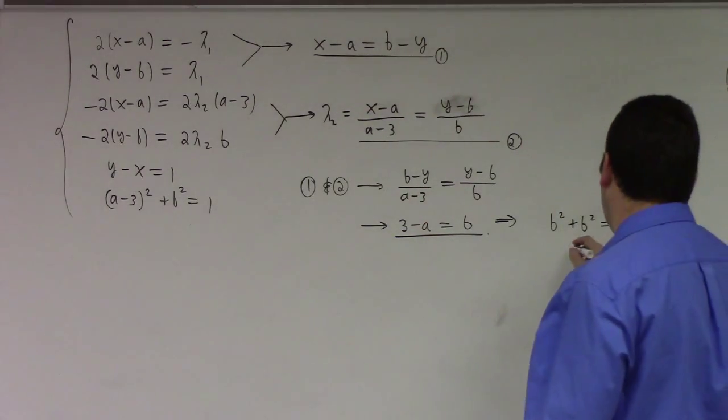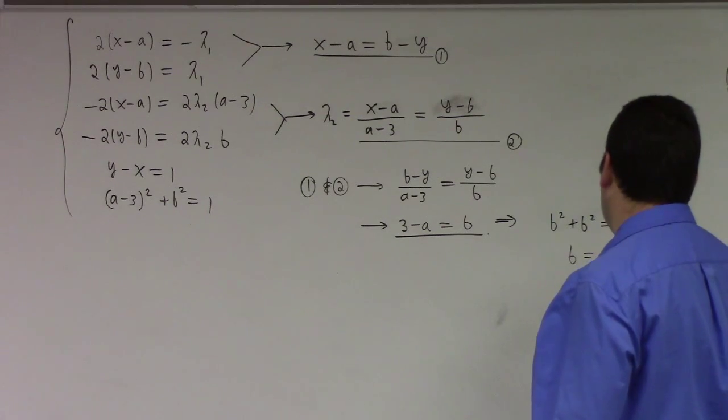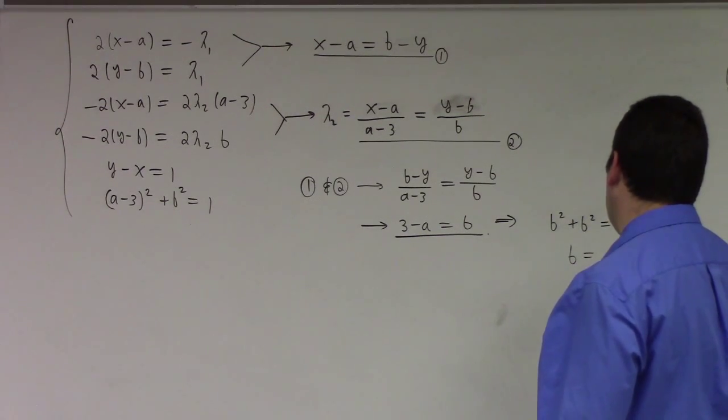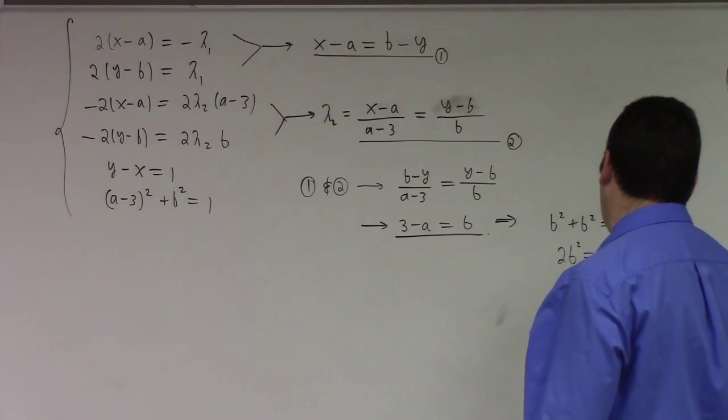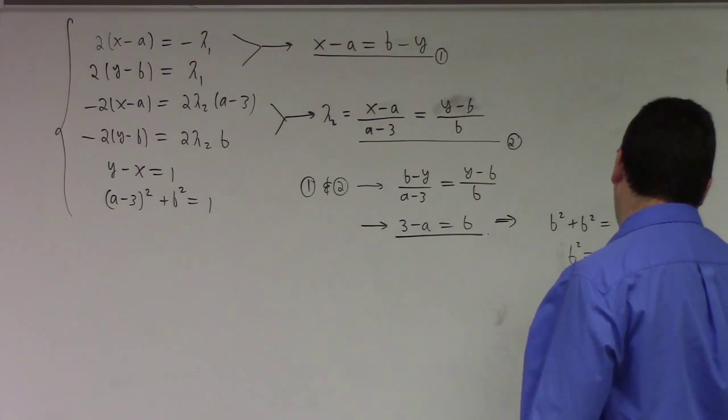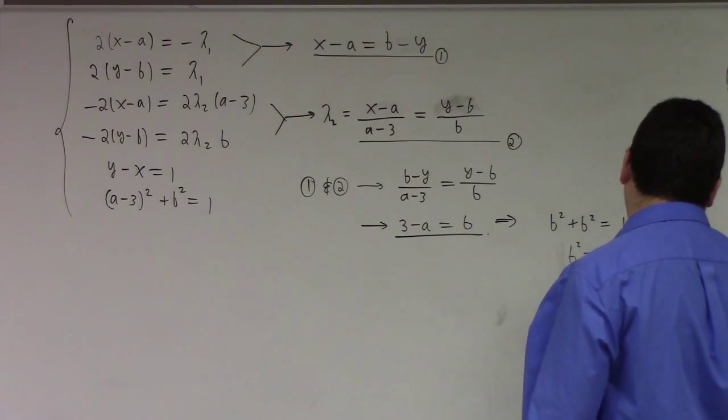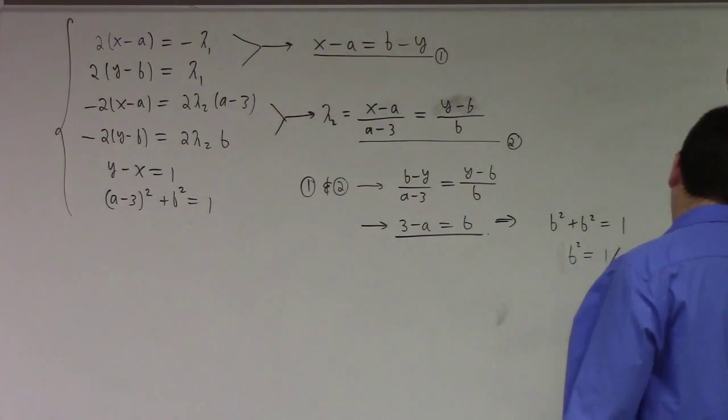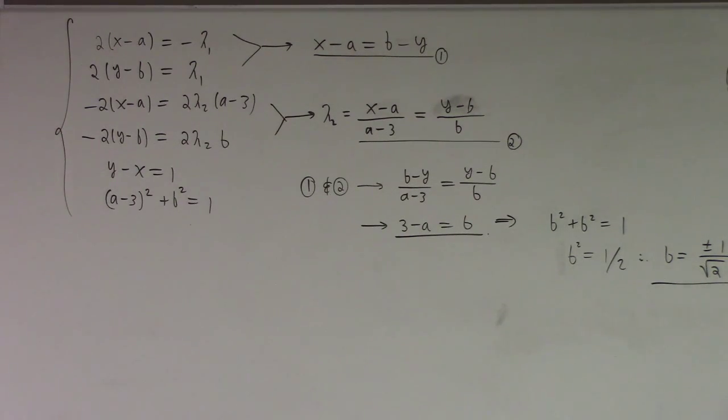And so 2b squared is equal to 1, or b squared is equal to 1/2 is probably better. So therefore, b is equal to plus or minus 1 over the square root of 2. And then what?